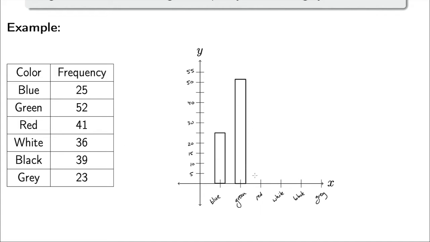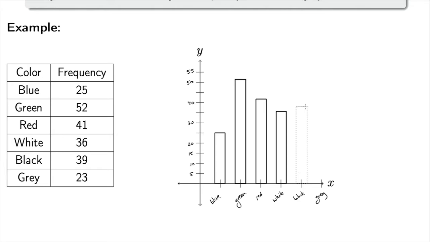Then red is 41, so I will draw a vertical bar up at 41. And then white has a height of 36, so I'll go up to just a little bit past 35. Then black is 39, so it's not quite at 40. And then gray was 23.